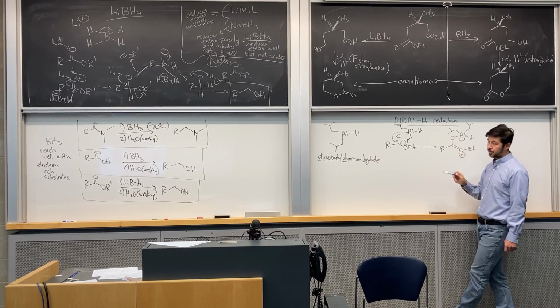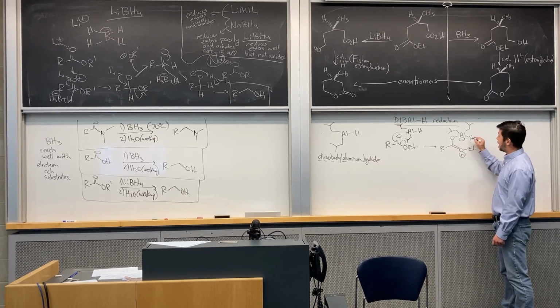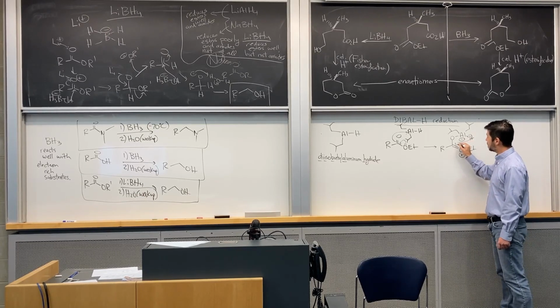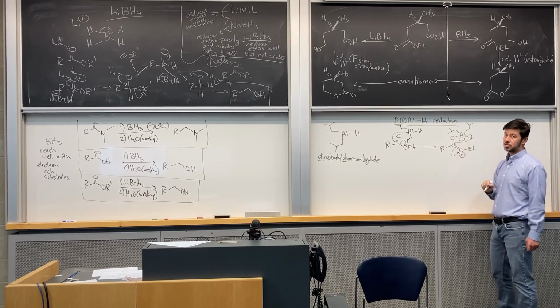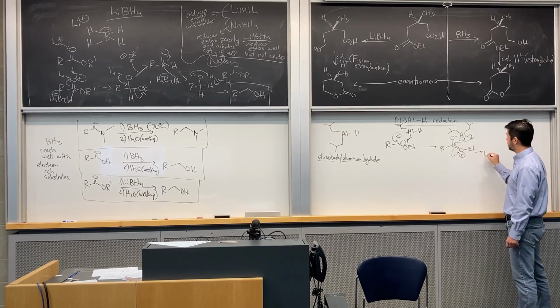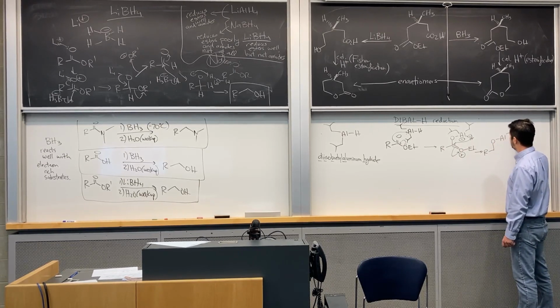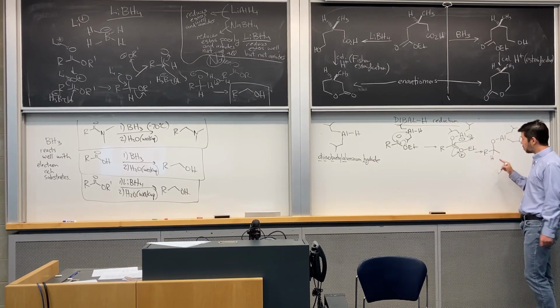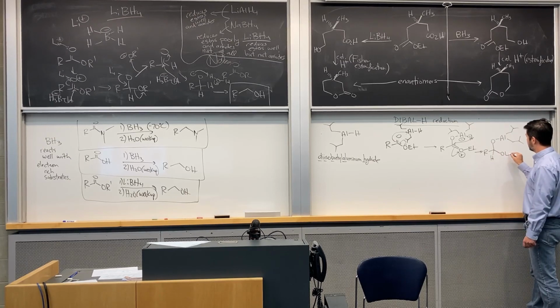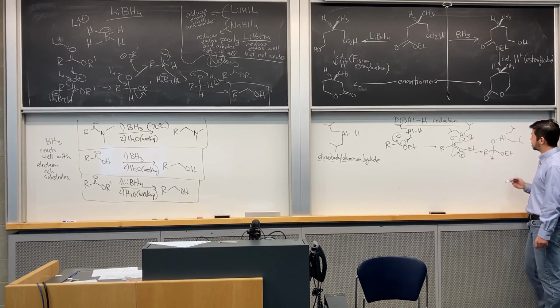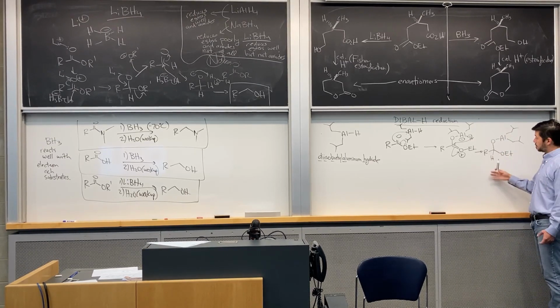So like we saw with BH3, now you can set up a system where you get intramolecular hydride attack and you move electrons up to that oxygen. I'll put in the hydrogen here so we know where it came from. Okay, so this is your tetrahedral intermediate.